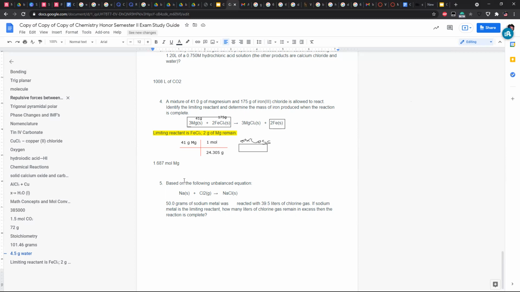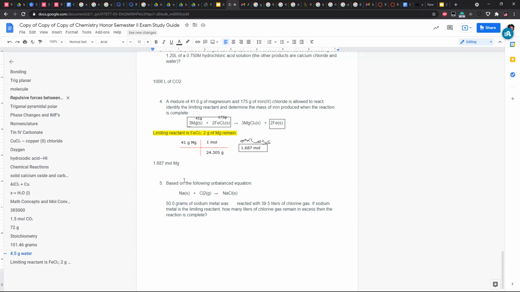Here, I'll just do the math again. So 41 divided by 24.305, 1.687. All right, this many moles of magnesium.